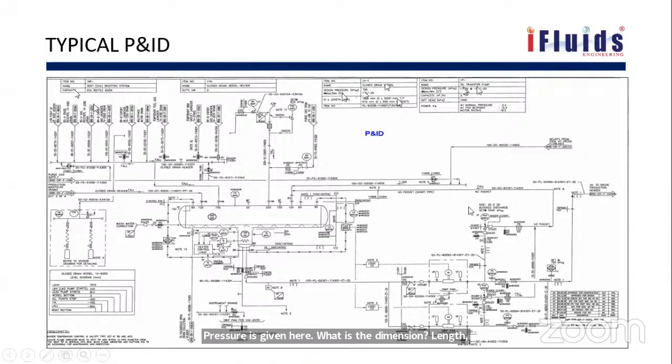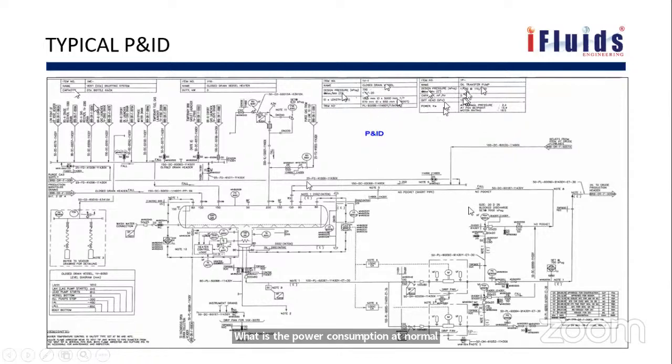So this is a pump, what is the design pressure, what is the capacity, 5 meter cube per hour. So for a pump, all these are mentioned. What is the head, the differential head it generates, that is given. What is the power consumption at normal pressure, at set point, what is the motor rating. So everything is given in the P&ID.